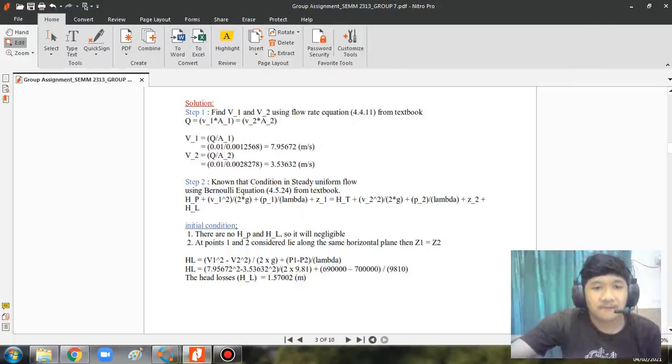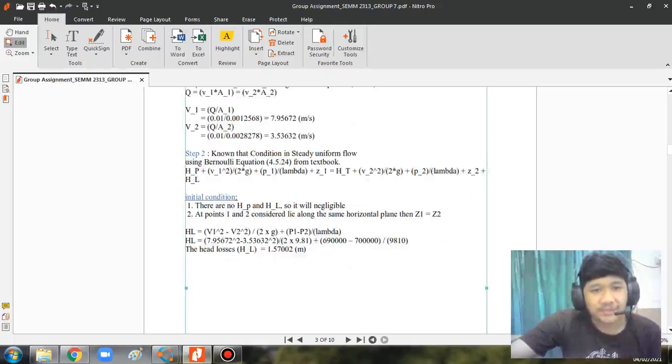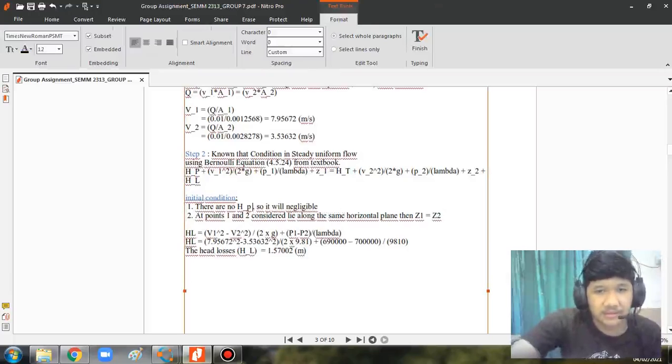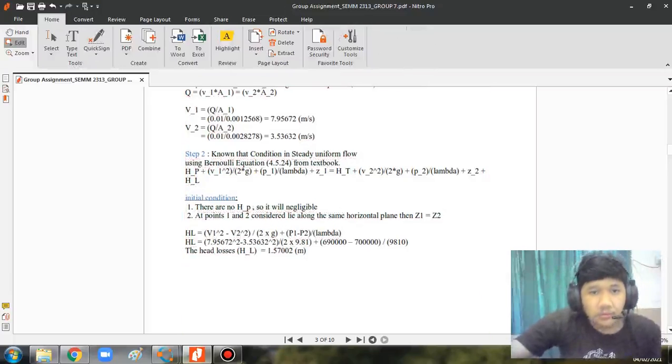How about the HP? The HP will be negligible, I mean it will be ignored, we can cross it out. Sorry, actually the HP is head pump, and HL is what we are trying to find right now, which is head loss.